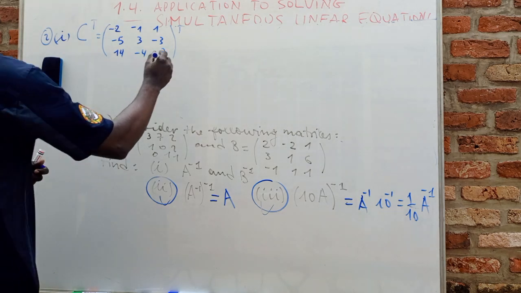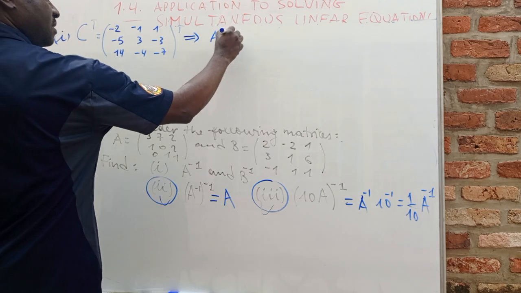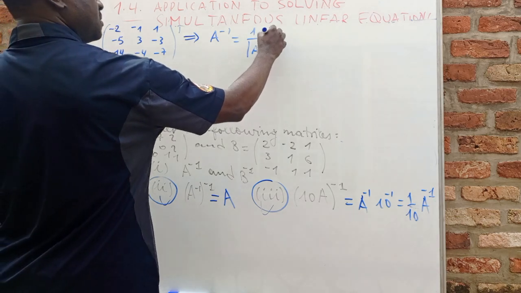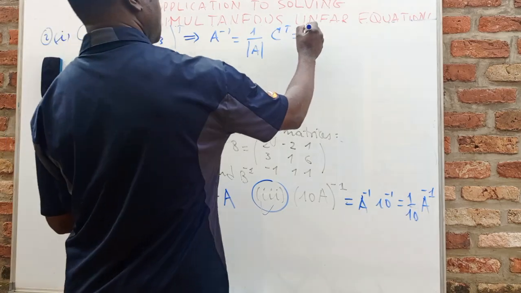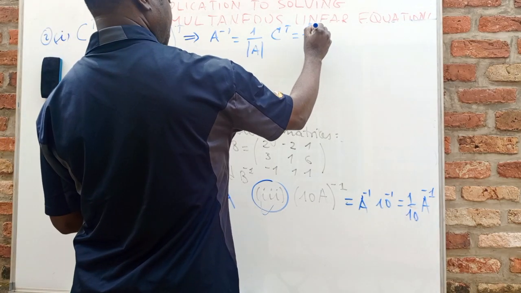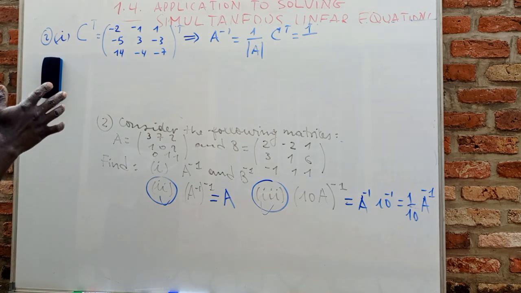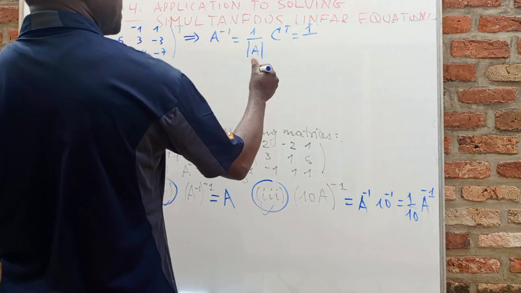Then I'm looking for the inverse of A, which is 1 over the determinant of A times the transpose of this cofactor matrix. What was the determinant? I think we deleted it by mistake, but it was calculated to be equal to, if I remember, negative 3.